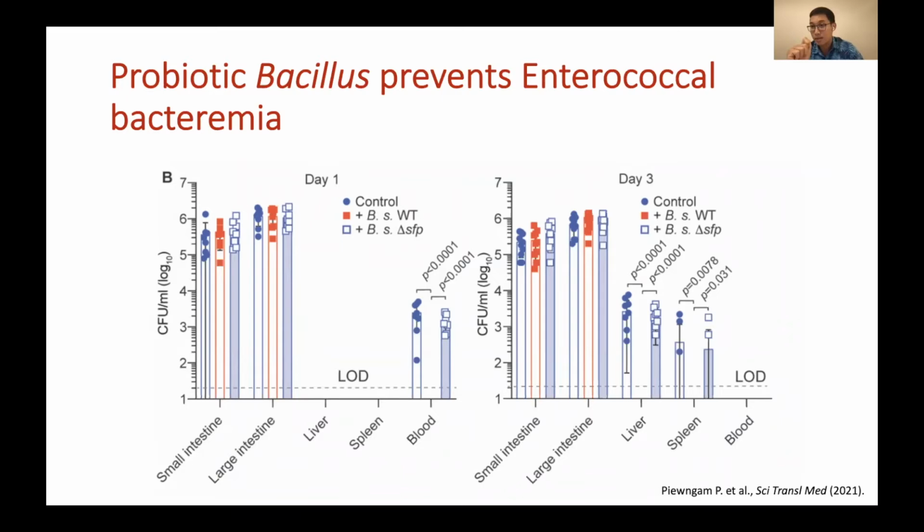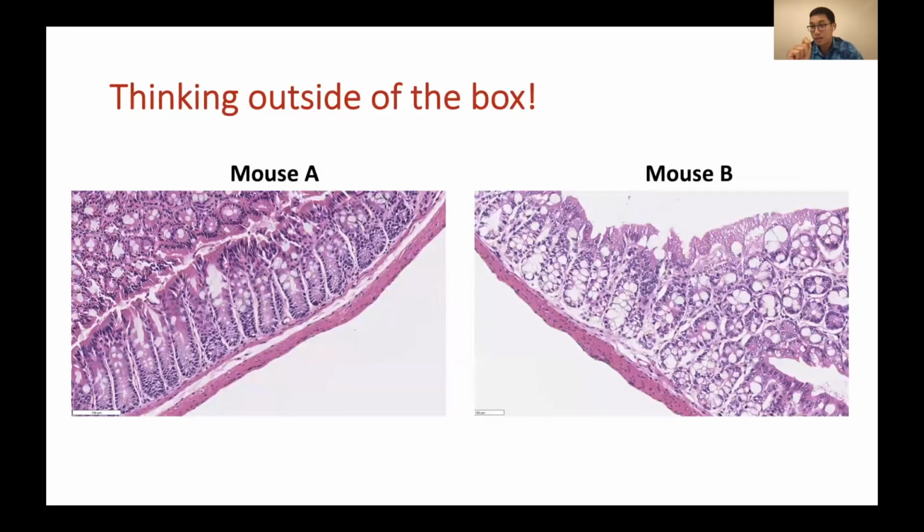And recently I found something really interesting. When we do histopathology, we always want to see the difference between control mice and infected mice in terms of the gut morphology.